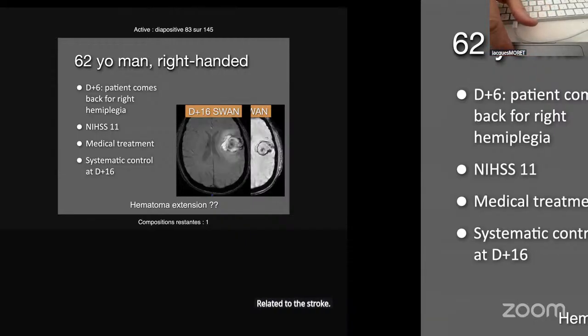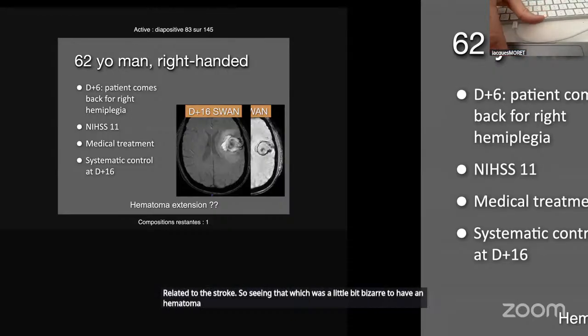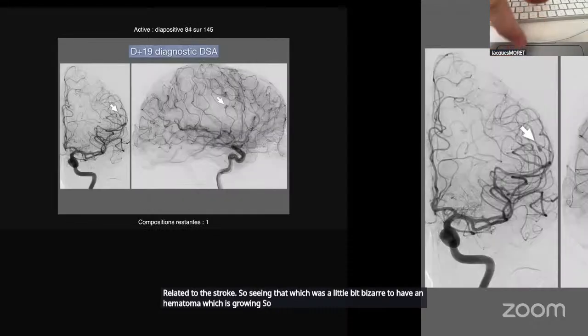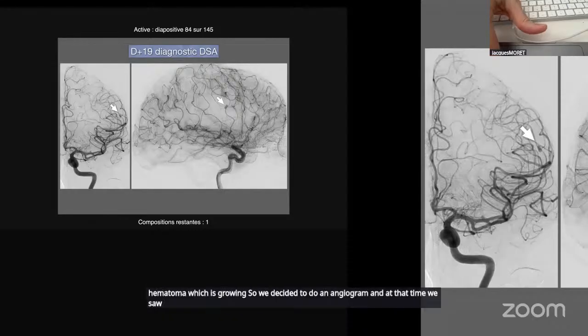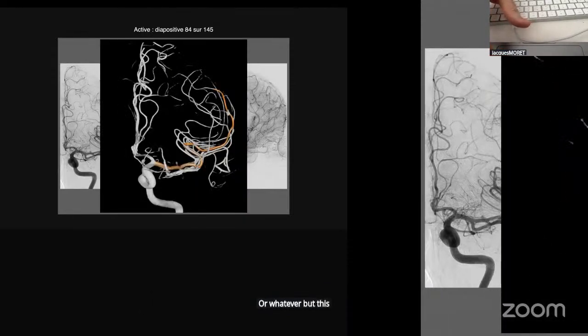Seeing a hematoma which is growing was a little bit bizarre, so we decided to do an angiogram, and at that time we saw that there was a tiny dissecting aneurysm. We don't know if it's mycotic, inflammatory or whatever, but this is definitely the reason why the patient bled, as you can see here.